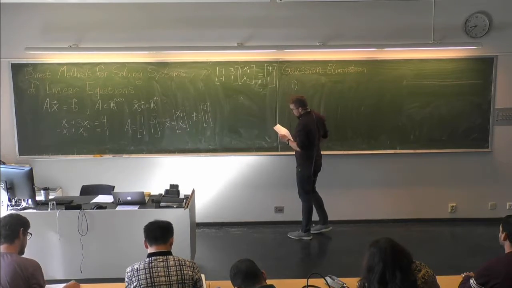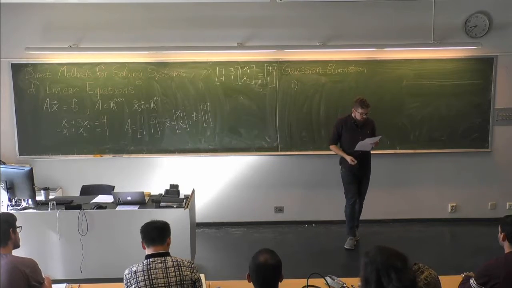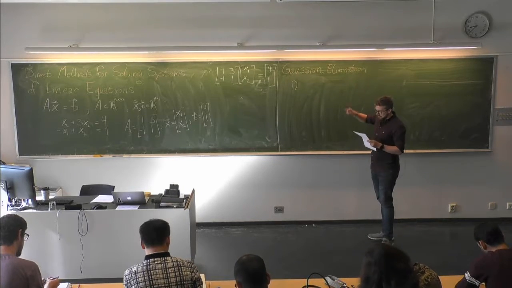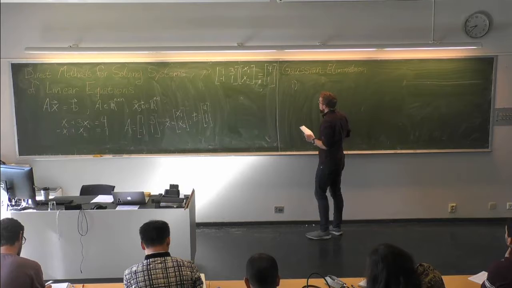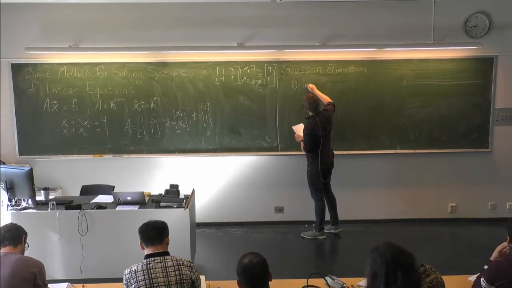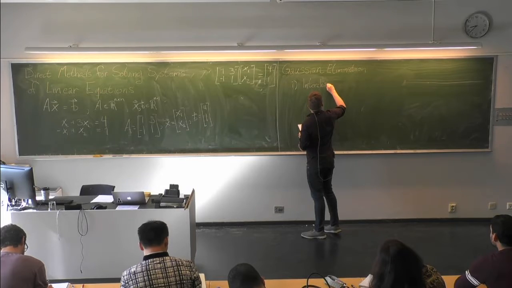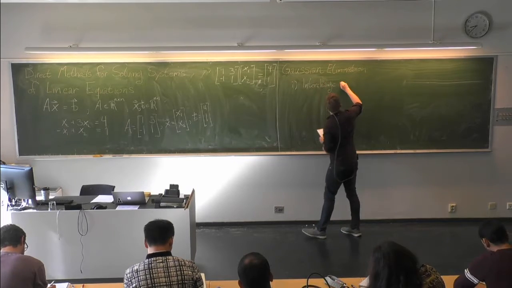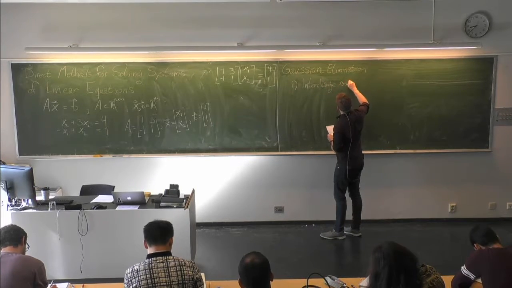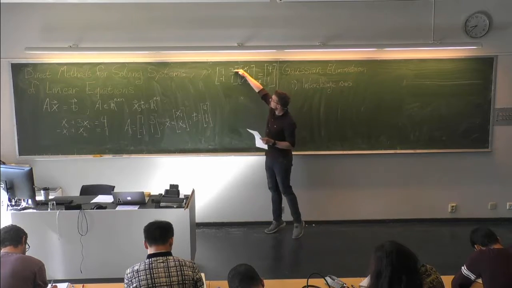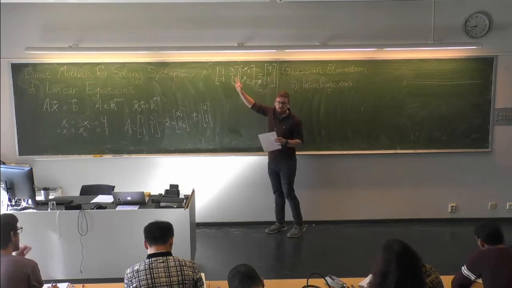So what are the operations we can do? Well, we can interchange rows. Basically, we can change these rows and it will be perfectly fine.